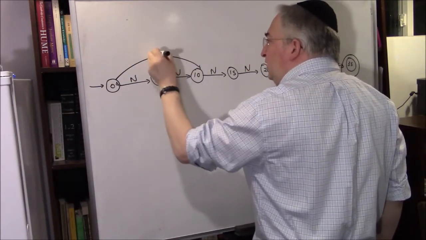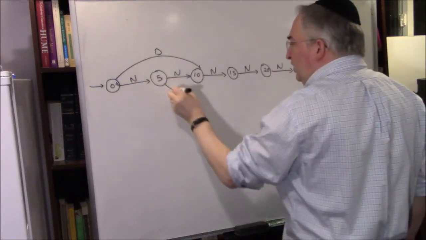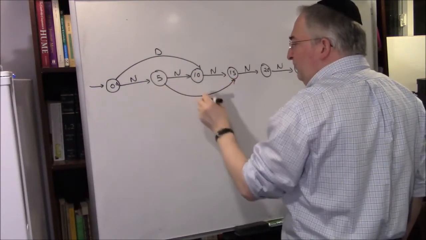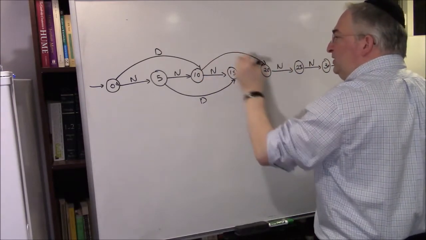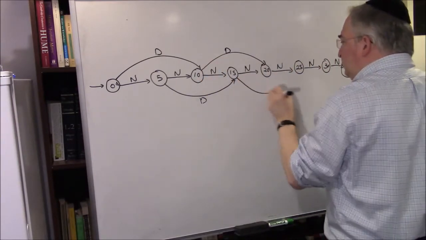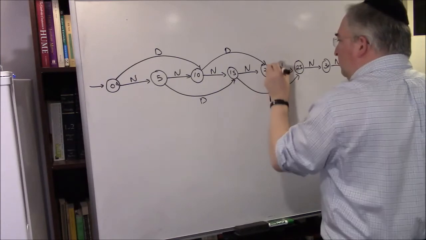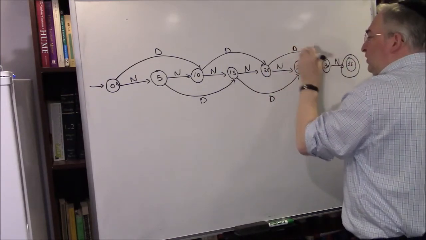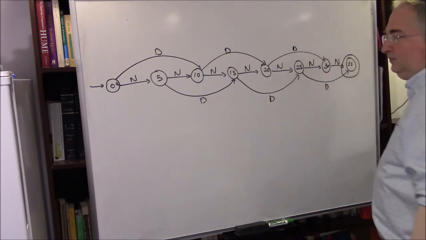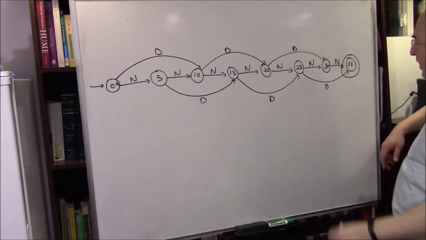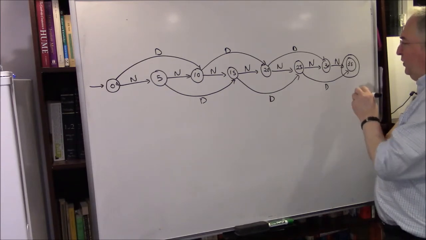But there's something else you can do also. You can put in a dime. You could put in a dime at 5 cents and you get to 15 cents. You could put a dime at 10 cents and you get to 20 cents. You could put a dime over here, and over here, and over here. Now, there's something else that can happen also.